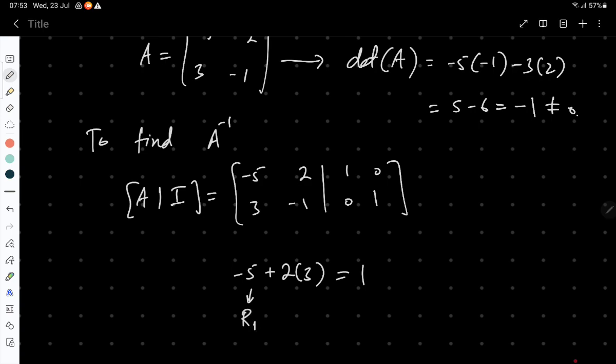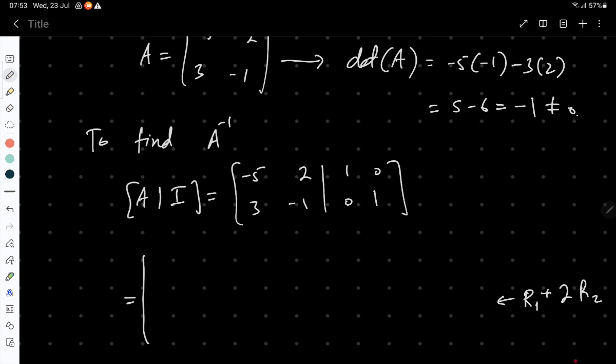This corresponds to R1 plus 2 times R2. If I perform this operation in R1, then I can get 1 in the pivot entry. So R1 + 2R2: -5 plus 2 times 3, 2 plus 2 times -1, 1 plus 2 times 0, 0 plus 2 times 1, and the rest is the same.